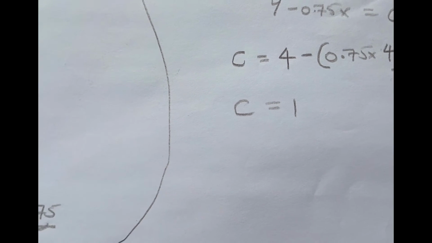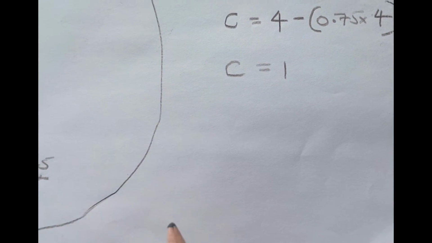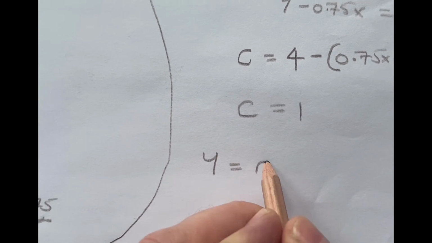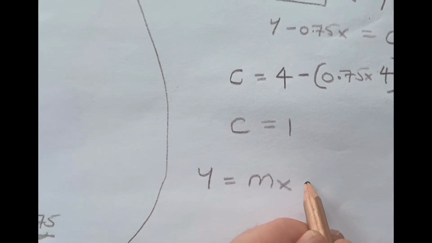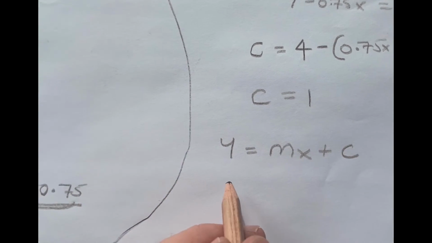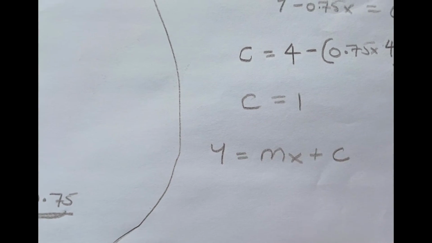We can now build our formula. So again, starting off with y is equal to mx plus c. Now we have the value of m and the value of c.